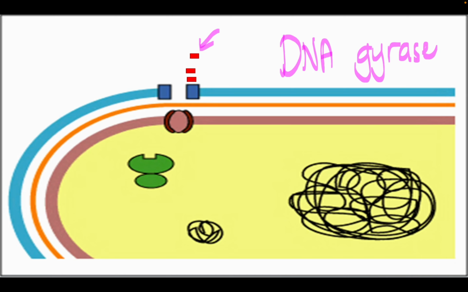So some of the antimicrobials will bind to this enzyme in order to stop DNA replication, and the bacteria will not multiply. Meaning, the antibiotic can stop DNA replication of the bacterial cell and stop its multiplication.